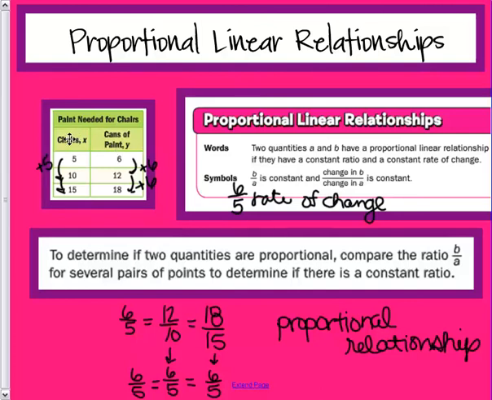If I take 5 away, I'm back at 0, and if I take 6 away, I'm back at 0. So it also needs to pass through the point of origin. Okay, make sure that you have that down. It's got to pass through the point of origin, and all the ratios need to be equal.